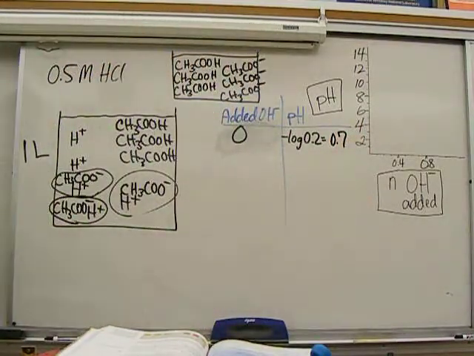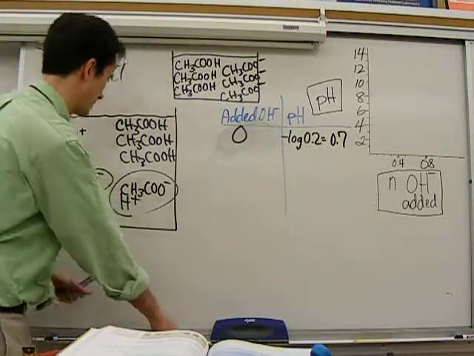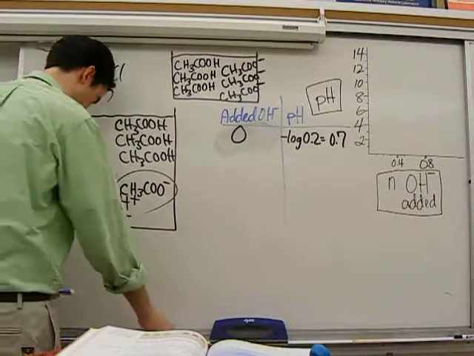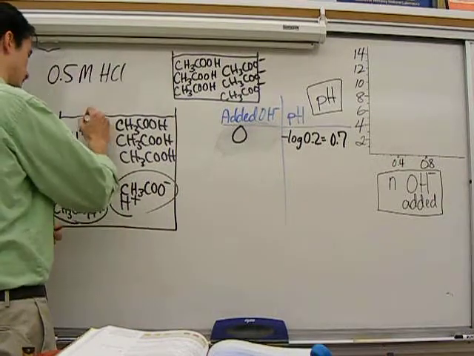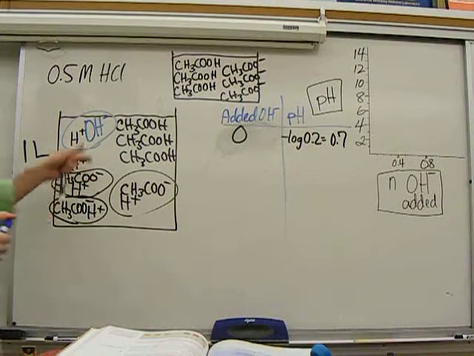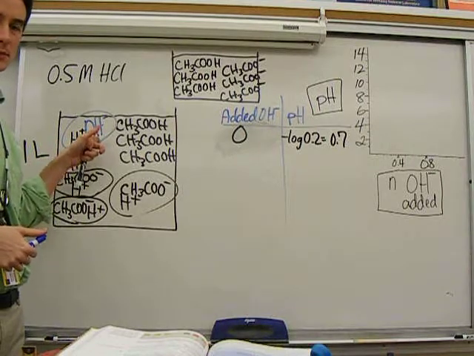Alright, now let's put a hydroxide in there, and I'll use a different color, maybe that's a little easier. And hydroxide, that's the proton that hydroxide is going to accept first, right?